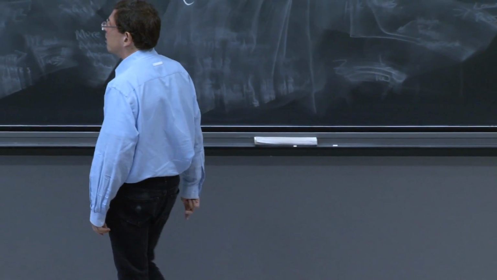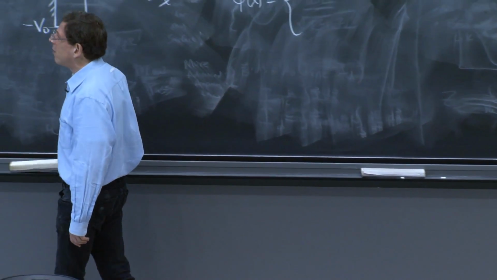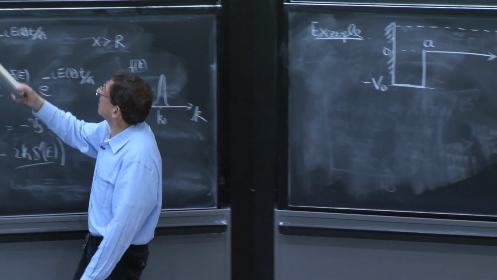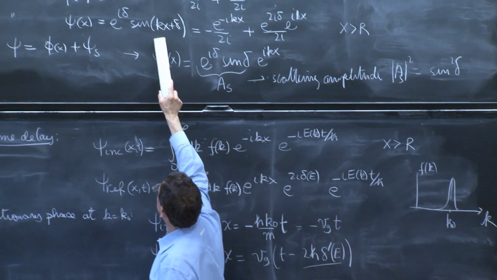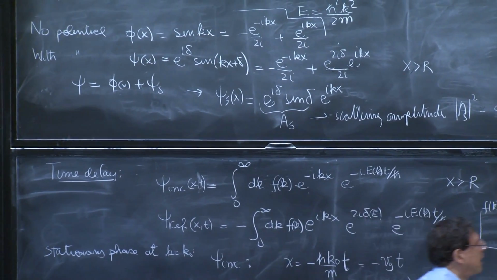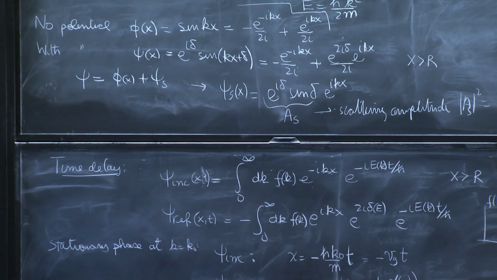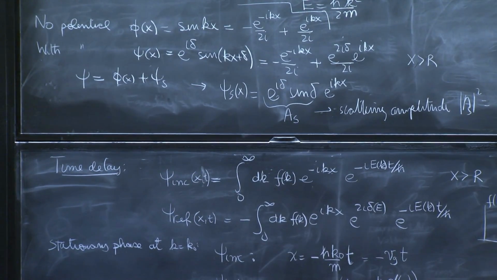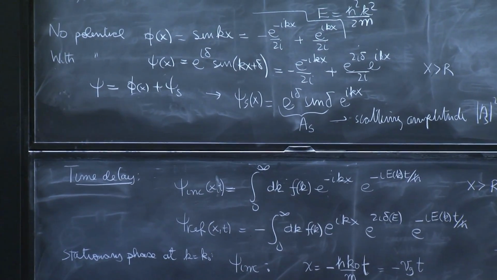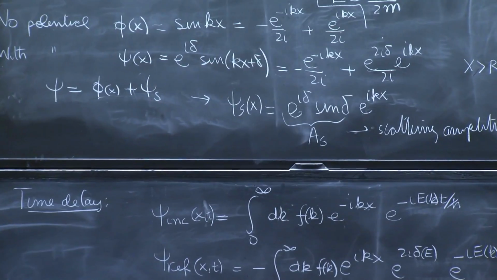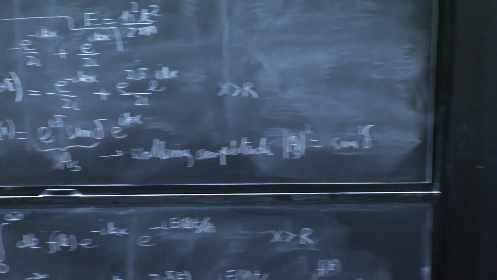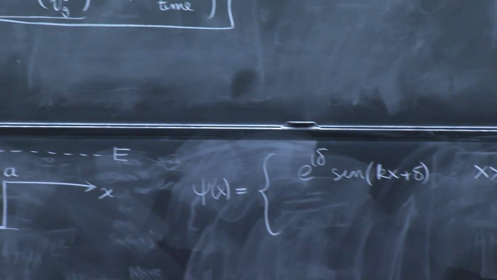It is known. It's always the same. It's universal. I don't have to think. I just write this, e to the i delta. I don't know what delta is, but that's the ansatz. e to the i delta sine of (kx plus delta) should be the solution for x greater than a.